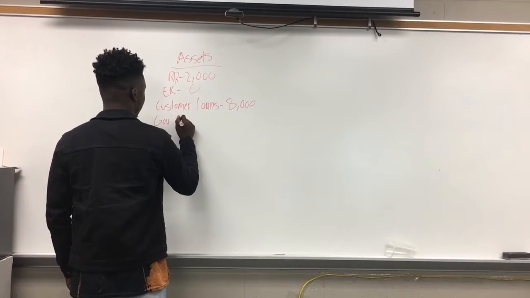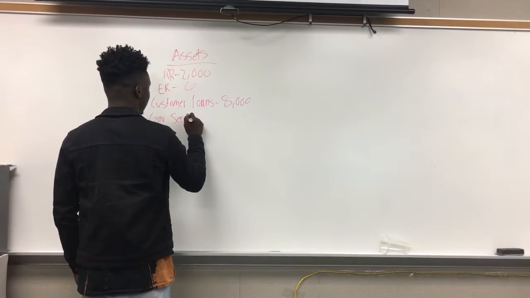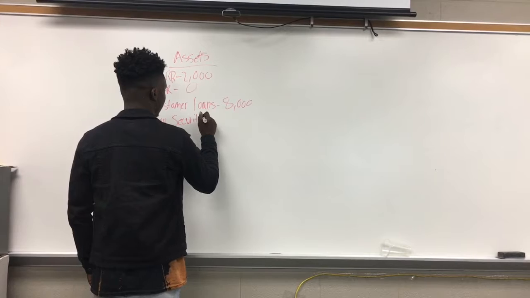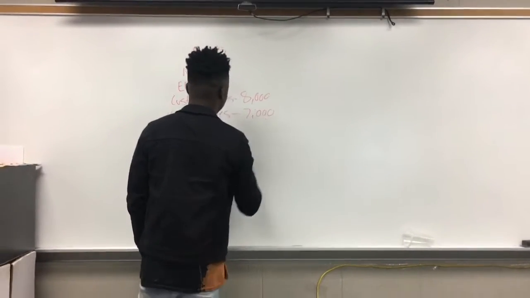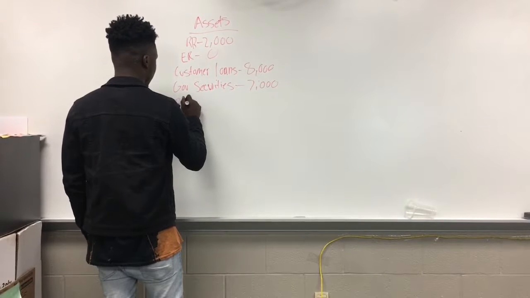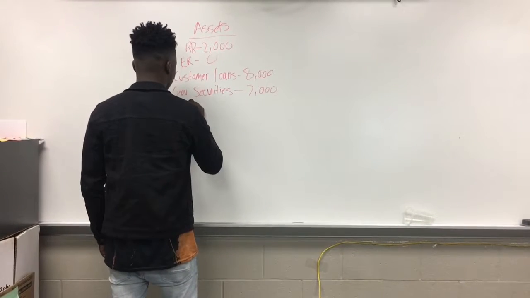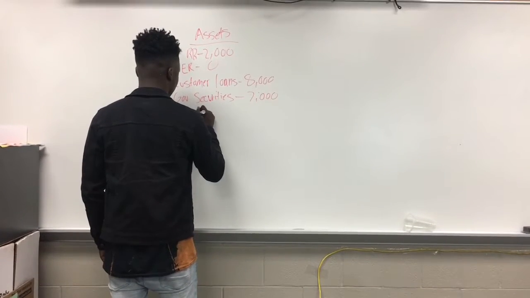Next up is government securities, which is 7,000. After that is buildings and fixtures, which is 3,000.